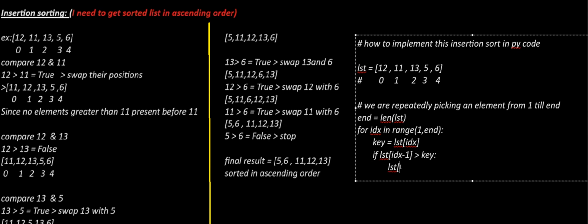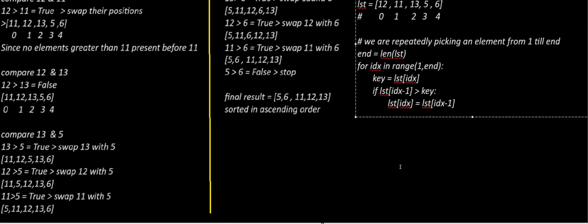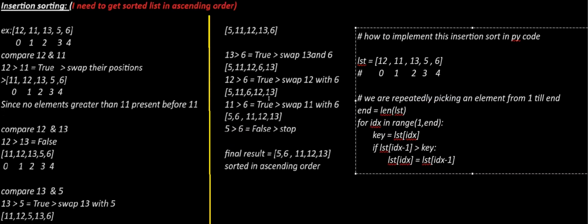That is, list of this particular index, I hold the value of the previous list value, list of index minus 1. Now, sometimes it happens that, in this case, I picked 6 and the previous element is 13.